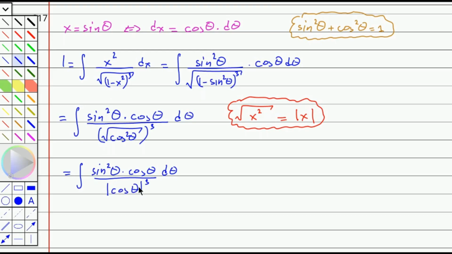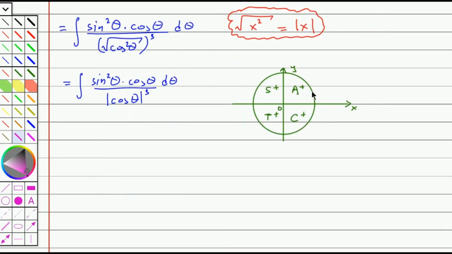The thing is that we cannot do any operations while we have the absolute value, so we have to find the sign of cosine in those limits that were given in the beginning. So by constructing the trigonometric circle, and since we have 0 less than theta less than pi over 2, it means that we are in the first quadrant. And so the cosine theta is positive, and so the absolute value of cosine theta will be simply equal to cosine theta. We just remove the absolute value.